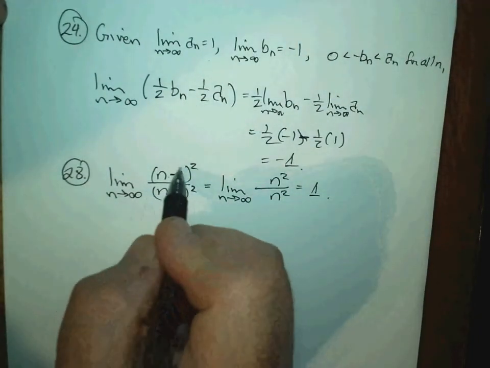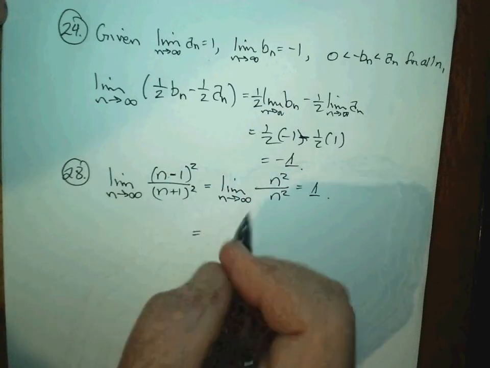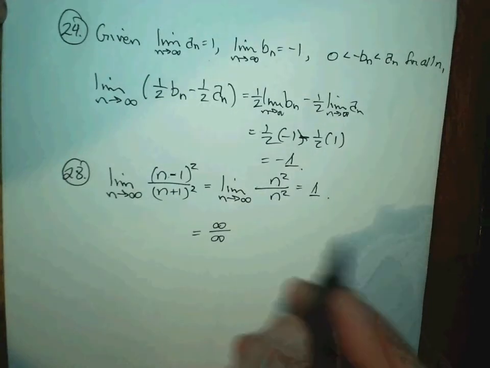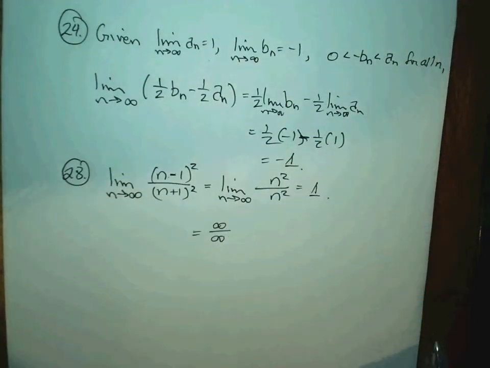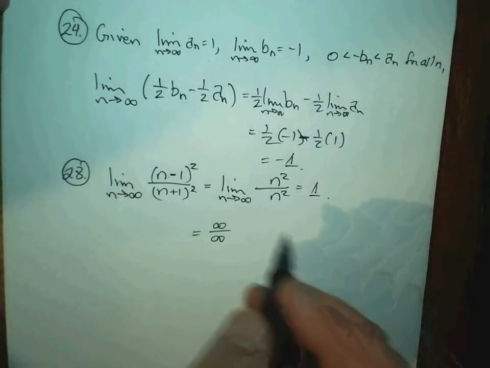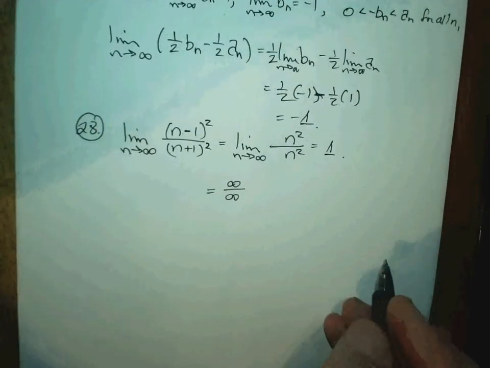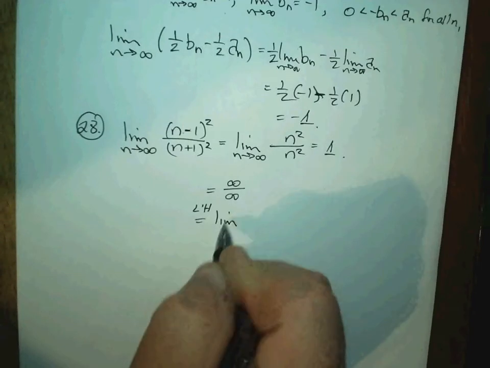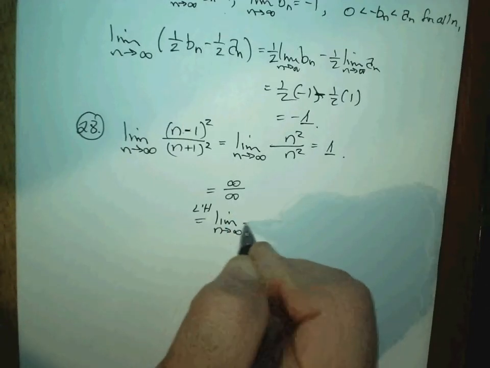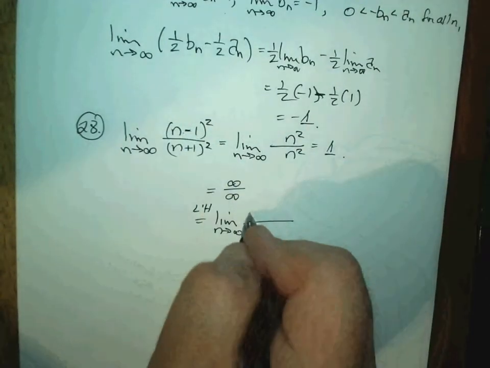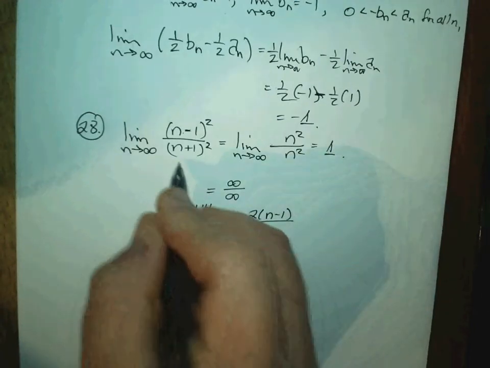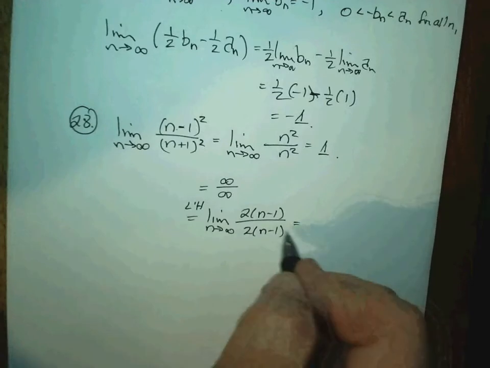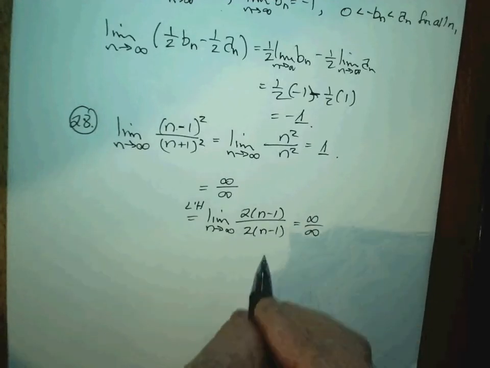Now, another way to do this would be to say as n goes to infinity, this becomes infinity squared, the bottom becomes infinity squared, or infinity, and therefore you're getting this indeterminate form, infinity over infinity, which implies we can use L'Hopital's rule. By L'Hopital's rule, you take the derivative of the top versus the derivative of the bottom, and you compare these now.